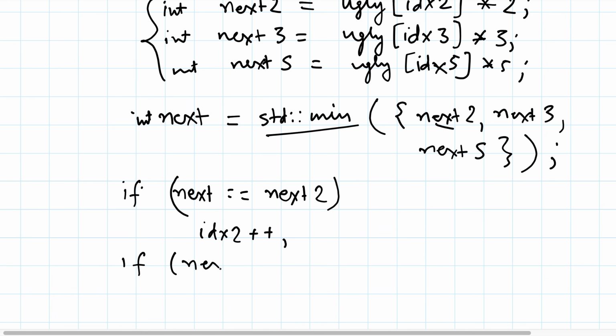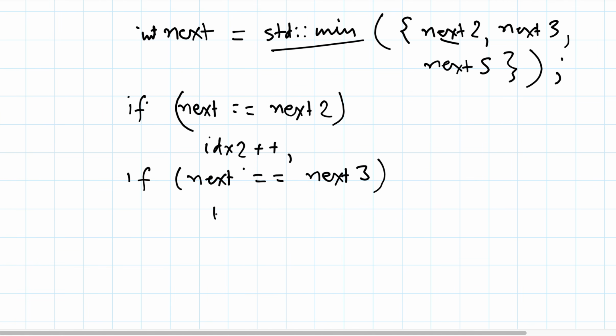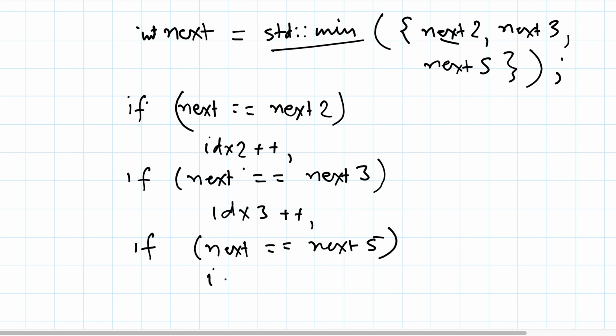If next is equal to next 3, then we pick the value from the second row, and we will advance idx3. And if next is equal to next 5, then we pick the value from the third row, and we will advance idx5.